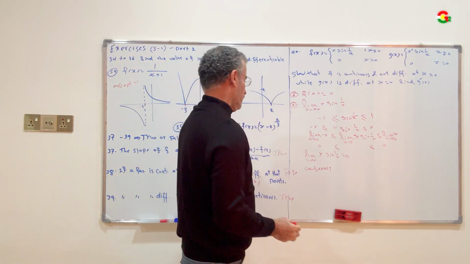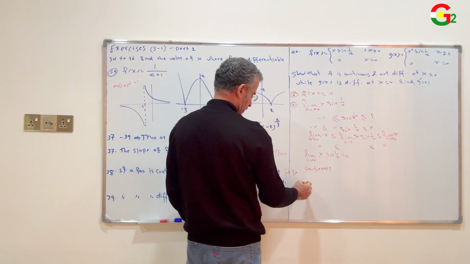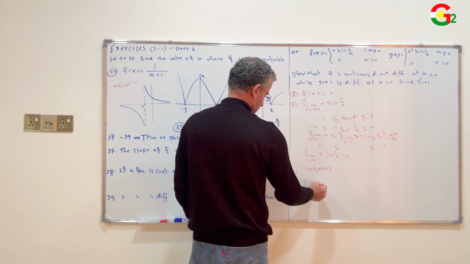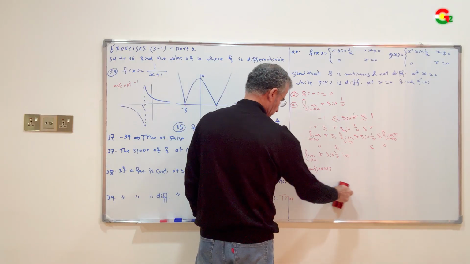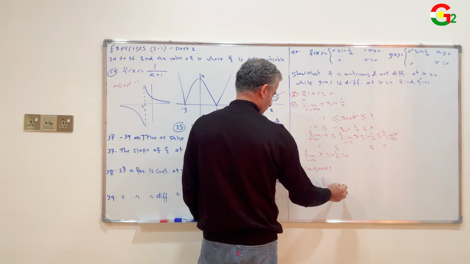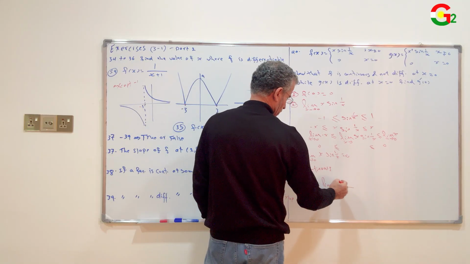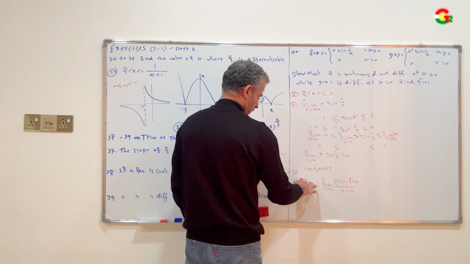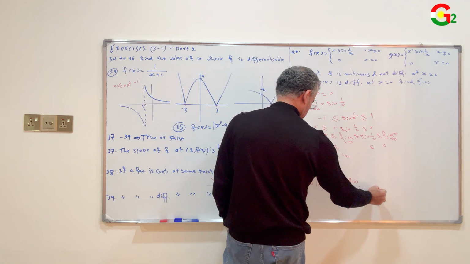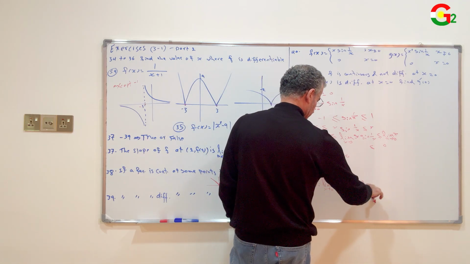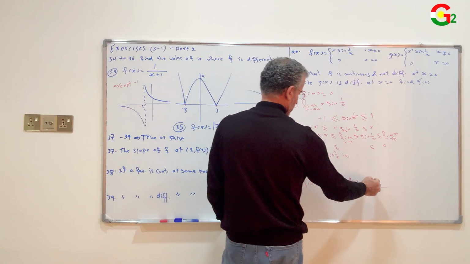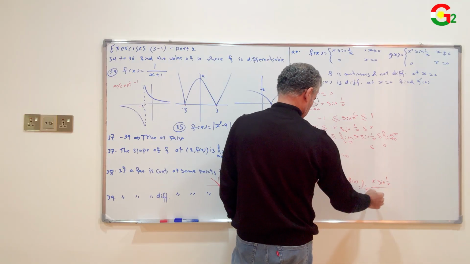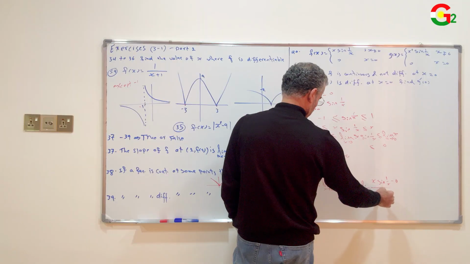If we want to check the differentiability of this function at 0, f prime of 0 equals the limit as x approaches 0 of f of x minus f of 0 over x minus 0, which is the limit of x sine 1 over x minus 0 over x.